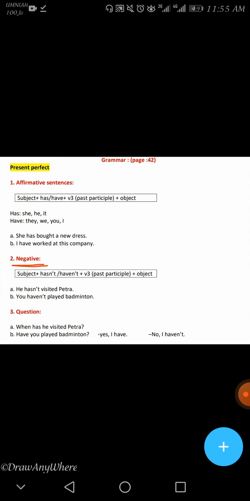The negative sentence. As you know, we say the golden rule always: do you have a helping verb in this tense? Yes.